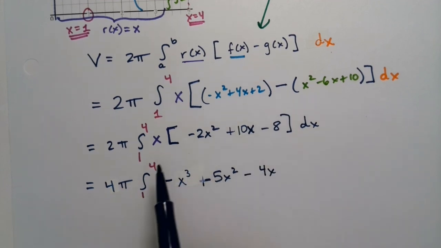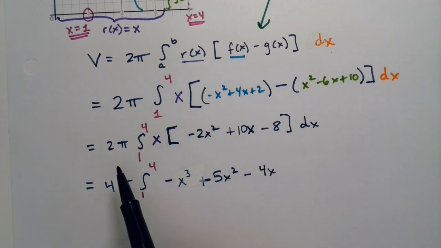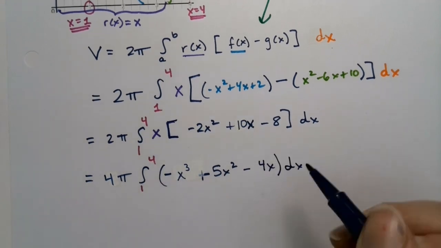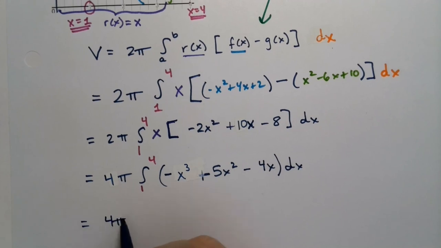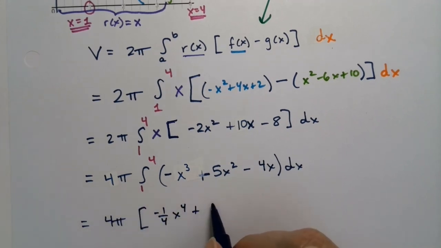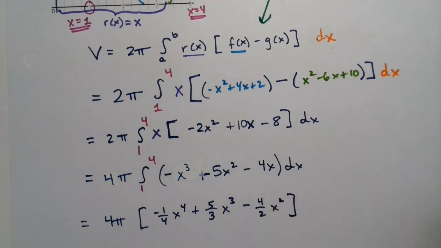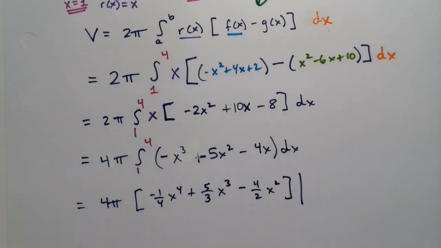So I'm distributing the x, and then I'm also dividing by 2 and factoring a 2 out. That would be 4 pi times negative 1/4 x to the 4th plus 5/3 x to the 3rd minus 4 halves x squared, which of course is 2x squared. And we're going to take this from 1 to 4.